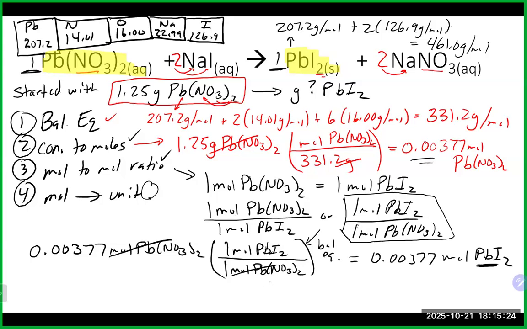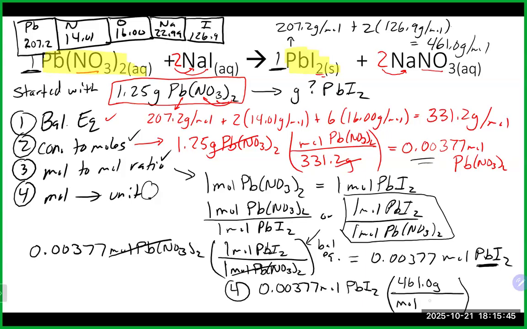Again, that's going to be our conversion factor here on the last step. I'll write it over here in the middle so it'll be easier to see. We'll go 0.00377 moles of PbI2. Once again, opposites cancel, so we do want to put the moles on the bottom here. And the grams, which is 461, up on top of our PbI2. Again, multiplying the top, dividing the bottom will cancel out the moles.